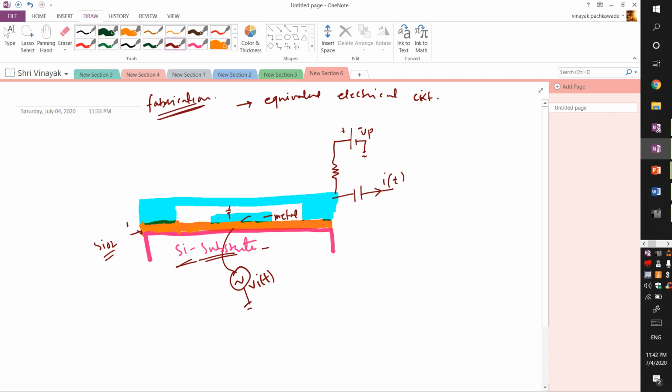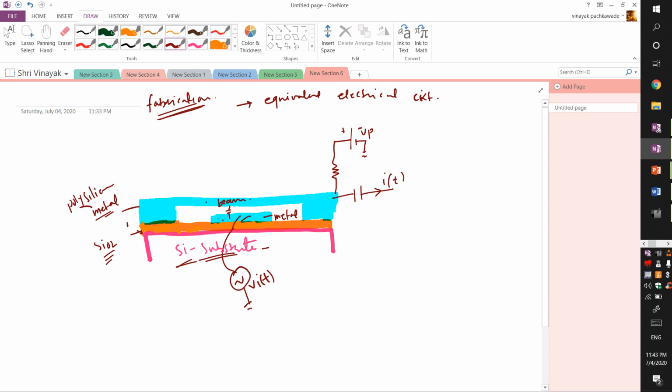So this cycle goes on, and this top portion could be a metal or polysilicon, of which this beam structure is made. So we have this bottom electrode, now we have this beam, then there is a silicon dioxide.